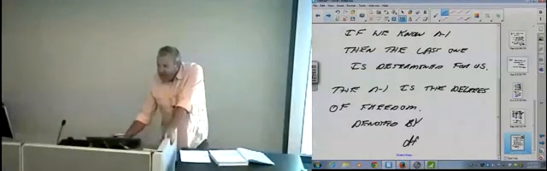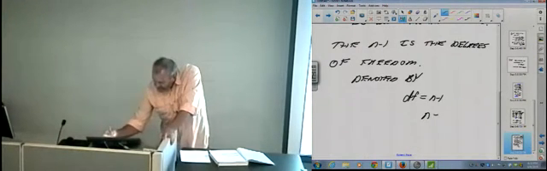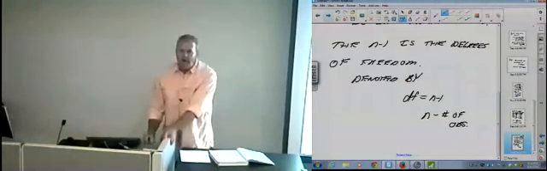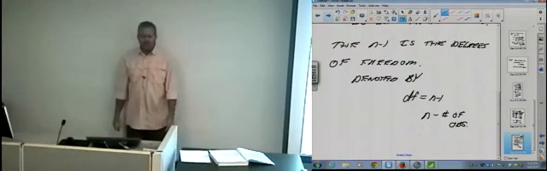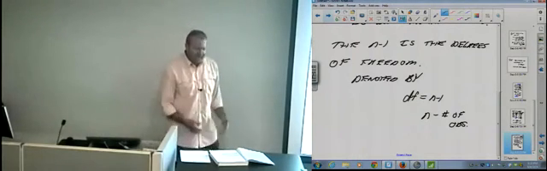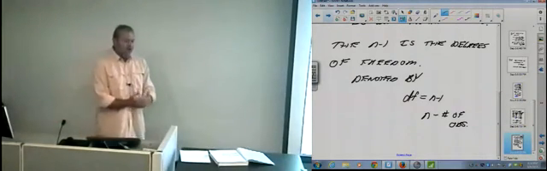Degrees of freedom is always equal to n minus 1, where n is the number of observations. That always comes attached. And it's always 1 less than the number of observations that you are looking at.